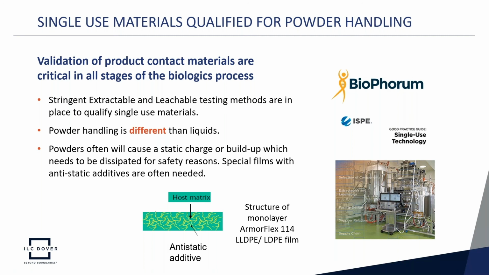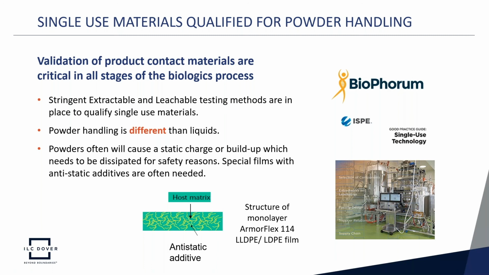So one of the unique things in powder handling is the potential of a static charge buildup and a release. Very common anytime powder is being handled, the powder flowing against a film wall, a plastic wall, can create a static charge and be released, which can be a safety problem for operators handling these and so forth.